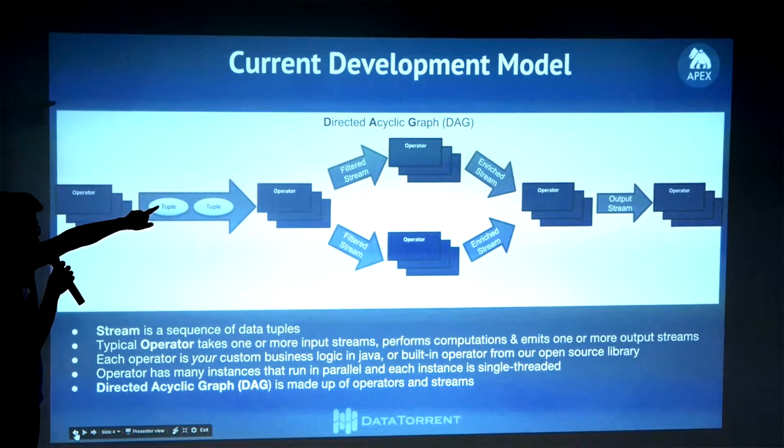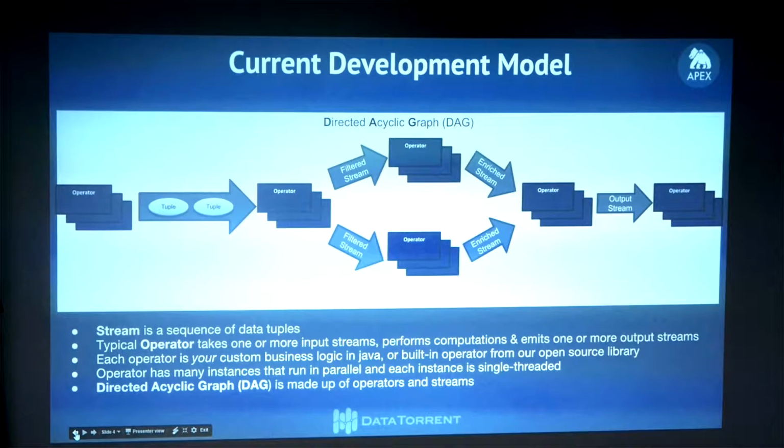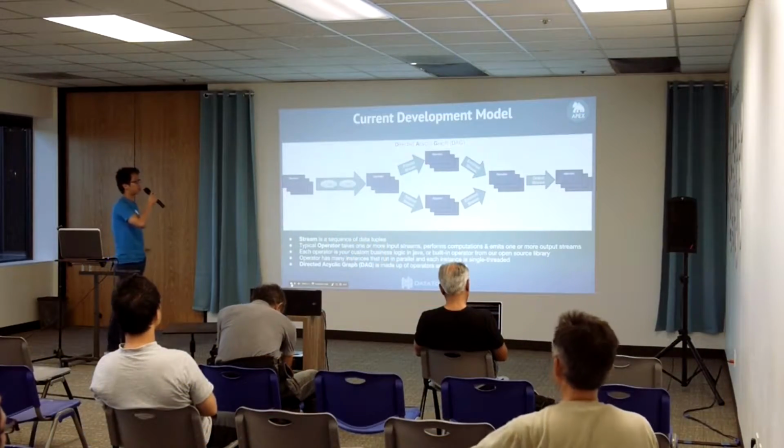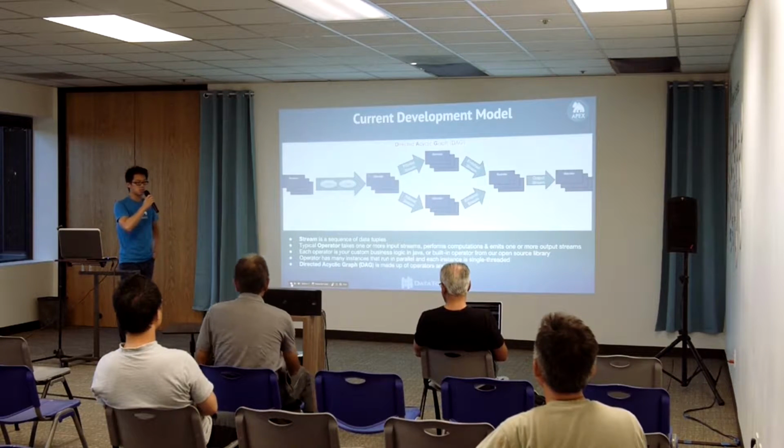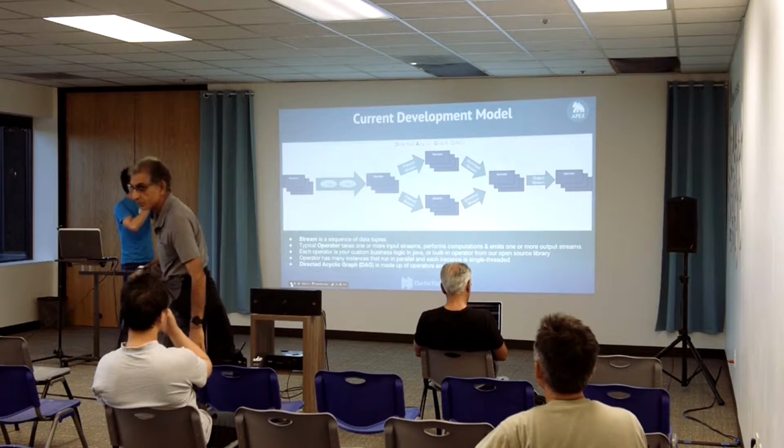Each operator has a couple of input ports and output ports. The input port is responsible for taking data into the operator to compute and process, and the output port is responsible for pushing data to the next operator.